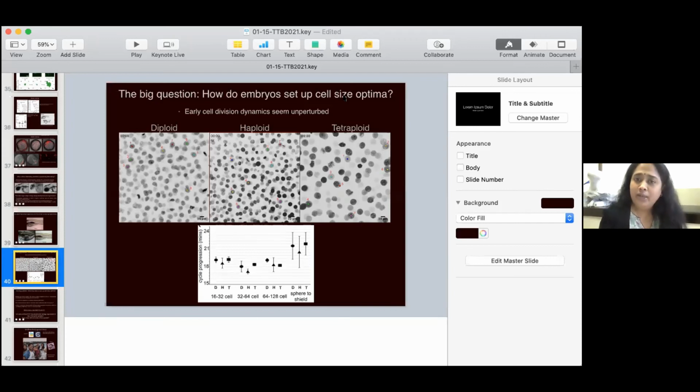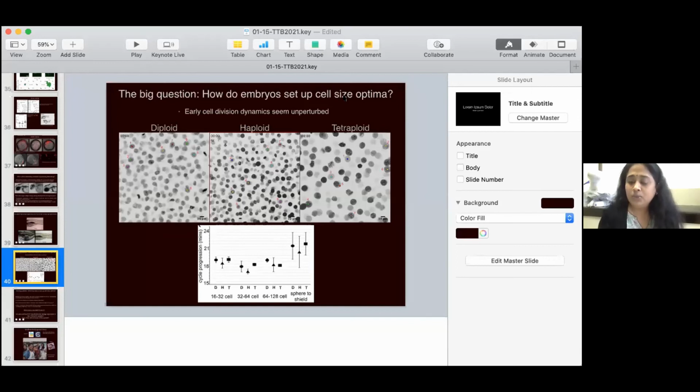So we did look at mRNA levels. We did whole transcriptome analysis to look at mRNA levels in haploids and tetraploids at particular stages of development and compared it to diploid.